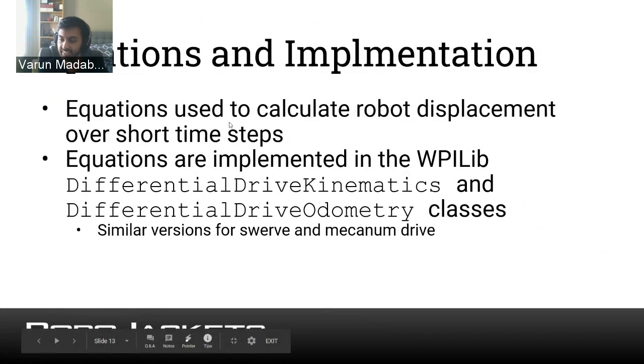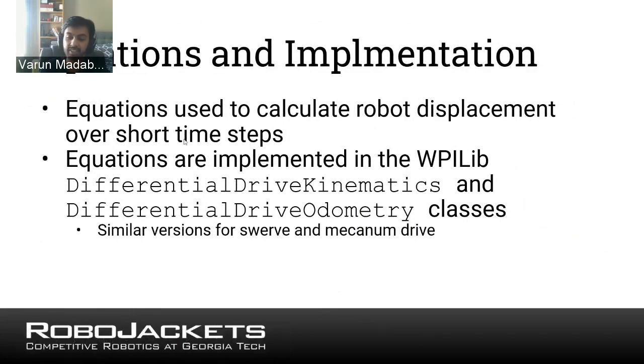So the equations let you calculate robot displacement over short time steps. As long as you can do this for a lot of different time steps, you can get a big picture idea and just keep track of where the robot is. And the cool part is that you don't have to type those equations in yourself. There's a WPILib implementation for differential drive kinematics and differential drive odometry.